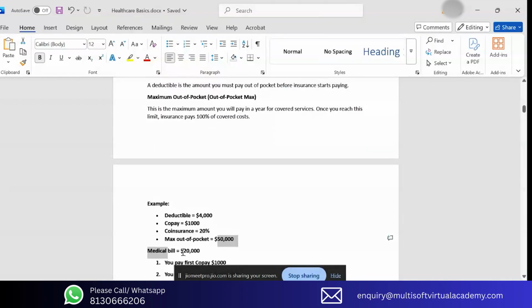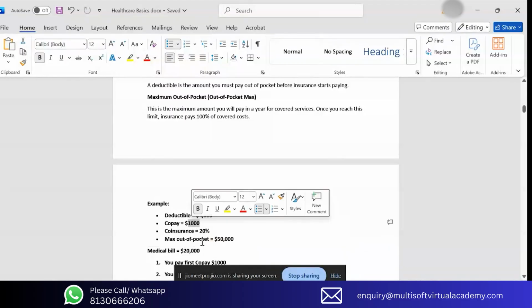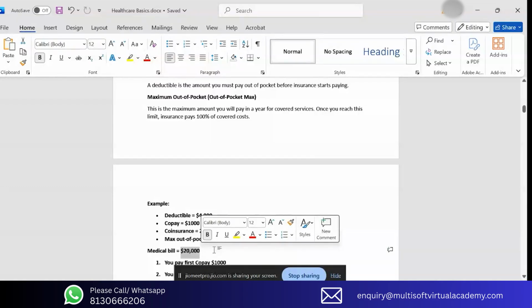Since your medical bill is $20,000, $1,000 copay anyway you're going to pay, so 20,000 minus 1,000 is 19,000. The deductible, again you're going to pay from your pocket. So 4,000 plus 1,000 is 5,000. So $20,000 minus 5,000 is 15,000.